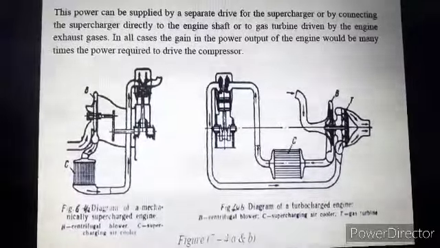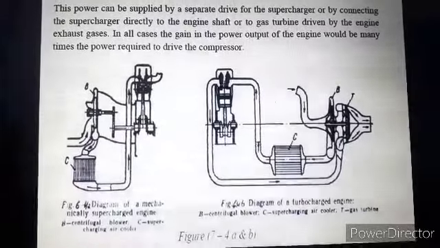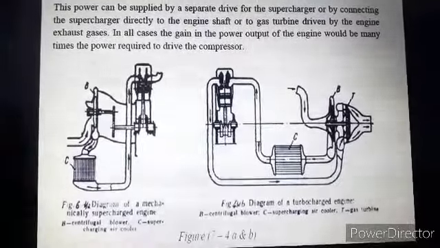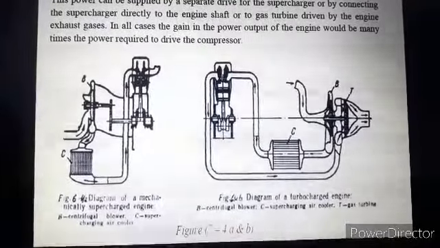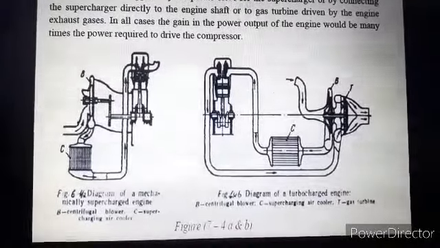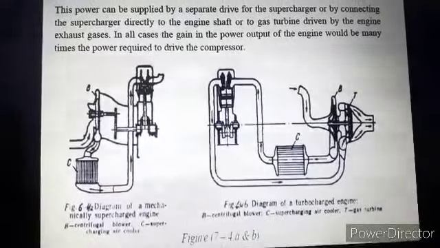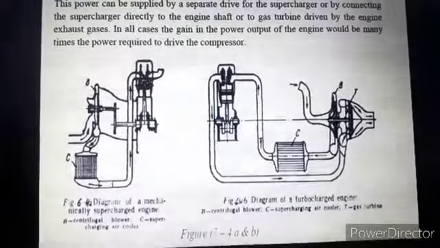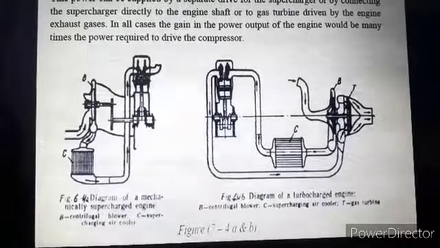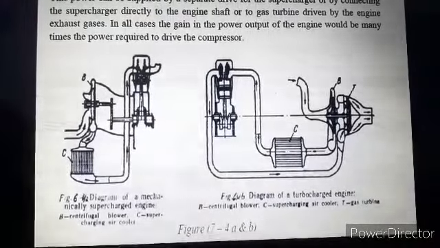Another relation is we can replace P1 V1 in terms of mRT1. Then the indicated power for a compressor without clearance is given as n/(n-1) mRT1 [(P2/P1)^((n-1)/n) - 1].